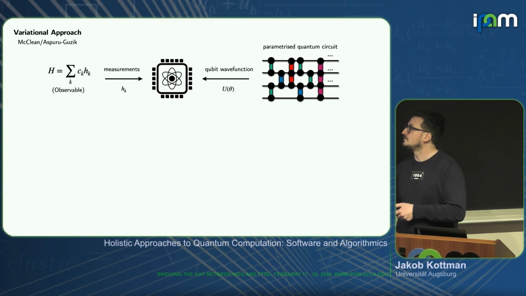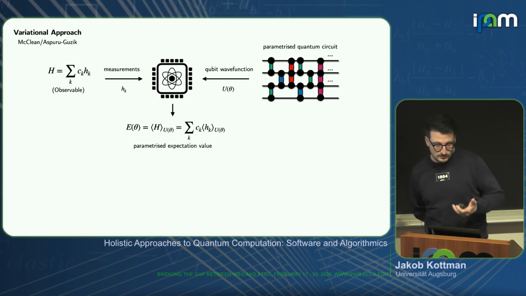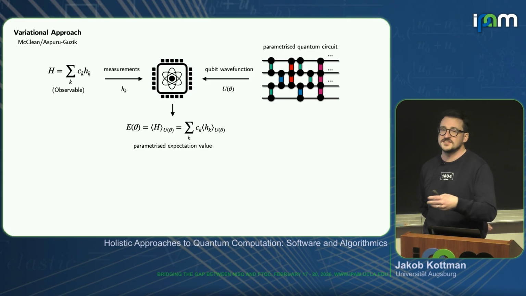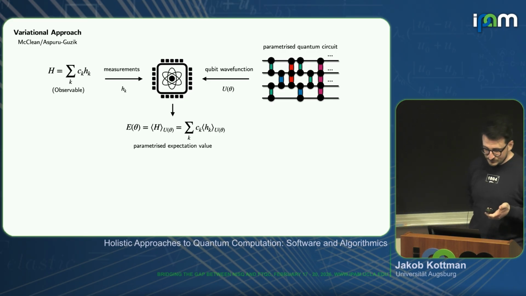And the observable gives us just an instruction of what to measure. What it leverages at the end of the day is that the large expectation value is the sum of the small expectation values, which doesn't hold for the eigenvalues themselves.